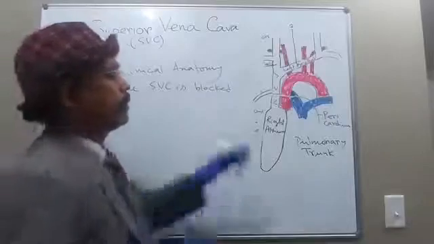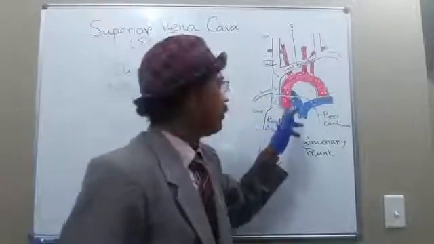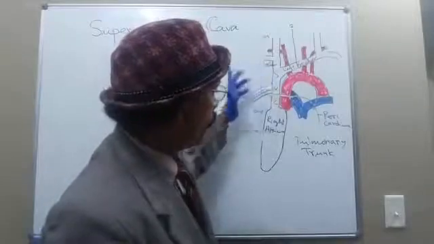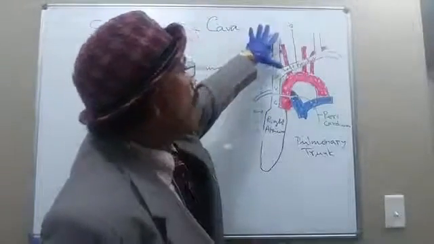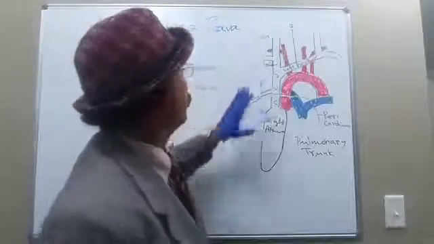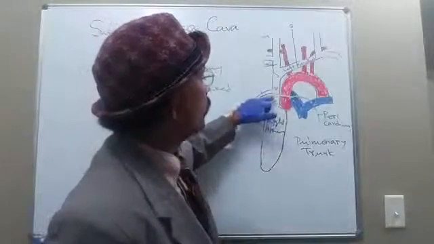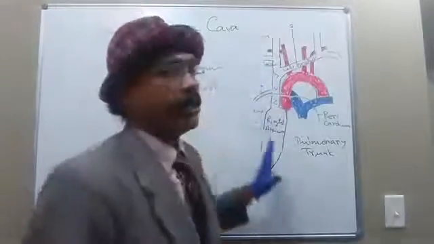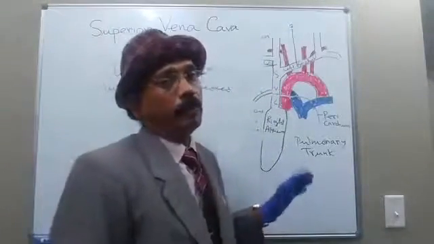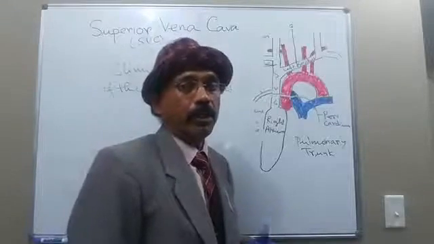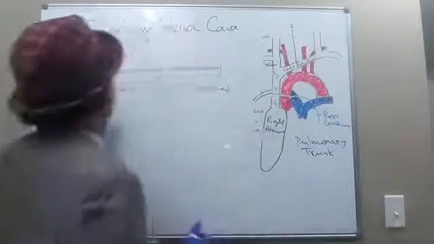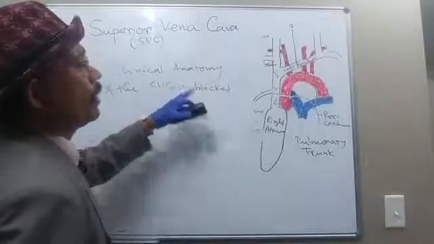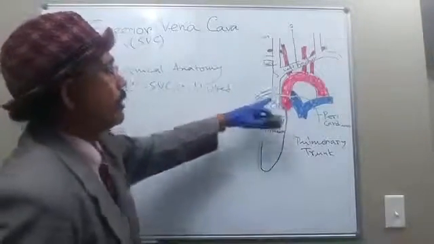If it is above the azygos vein, blood from the upper part of the body will return to the heart by means of the azygos venous system. If there is a blockage below the azygos vein, then blood from the upper part of the body may return to the heart by means of the inferior vena cava. Okay, there is a possibility.